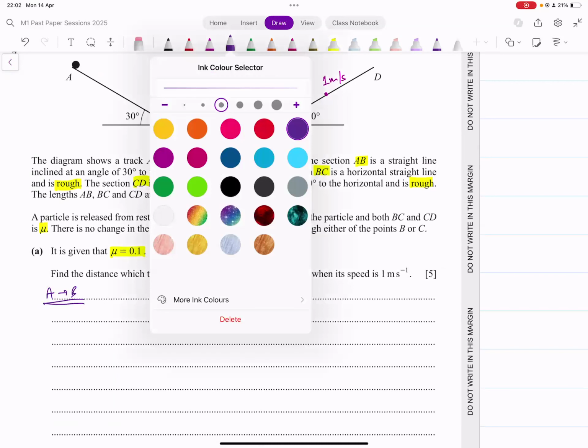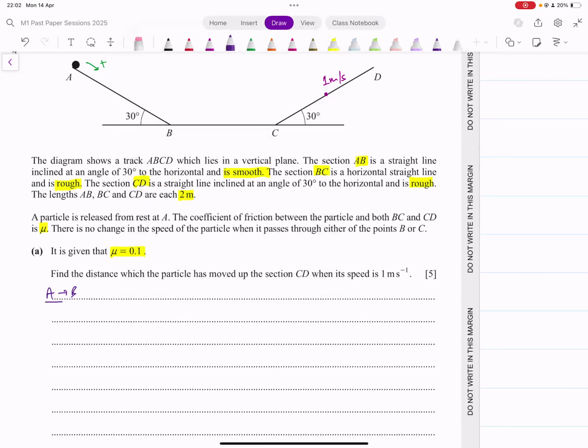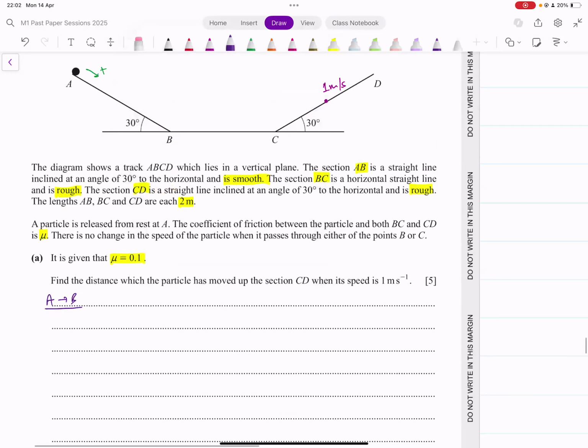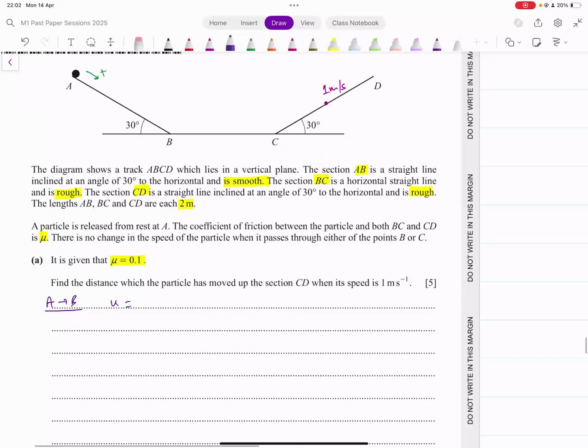From A to B, what do we know about this part of the journey? We know the initial velocity. It's released from rest. Okay, so U is equal to 0. Anything else? We know that displacement is 2 meters. What would be the final velocity? We don't know.